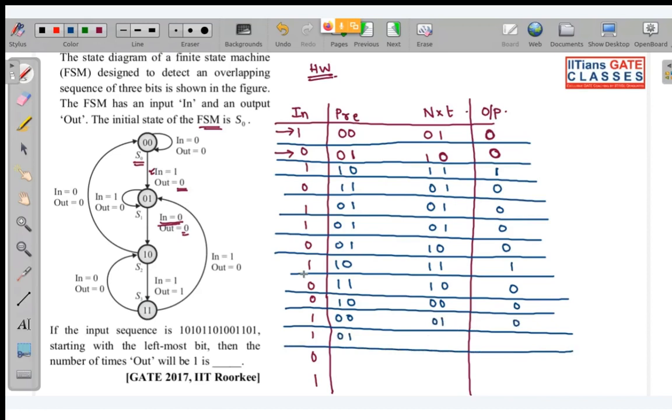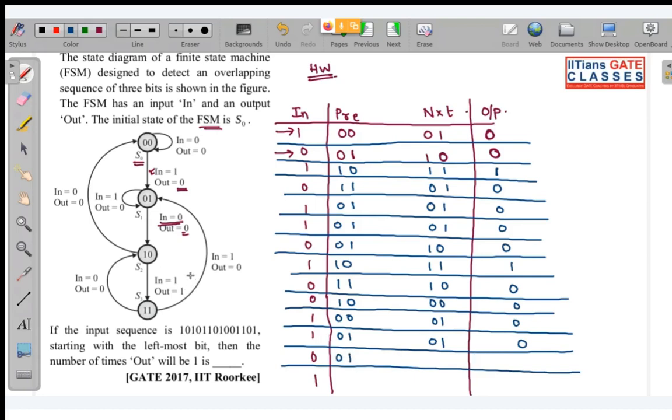Okay, and now input is 1. So 0, 1, input is 1. So we stay at 0, 1 only and output is 0. Have I done some mistake or what? No, this is correct.